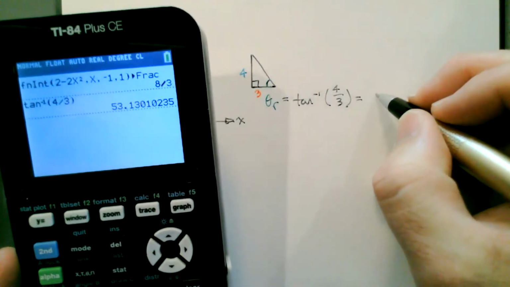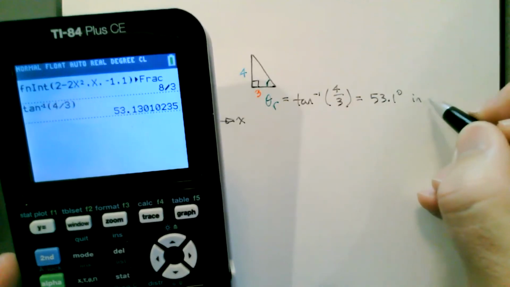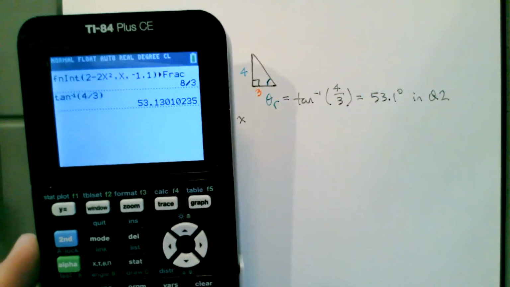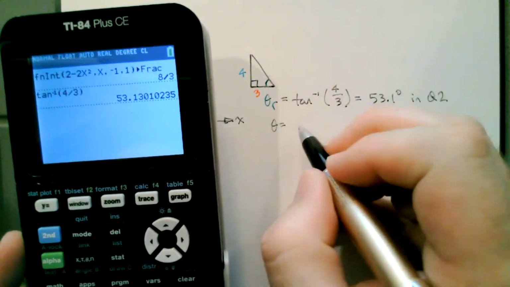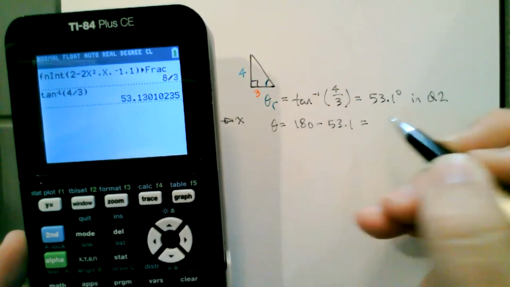Now this is the reference angle. So we have to put it in quadrant 2. So the angle theta is 180 minus 53.1.